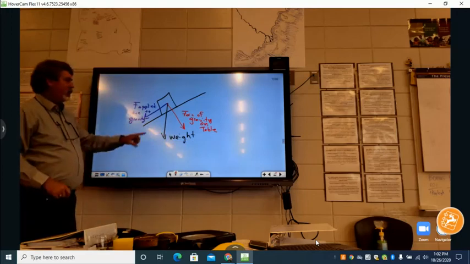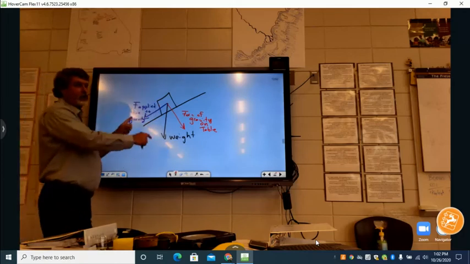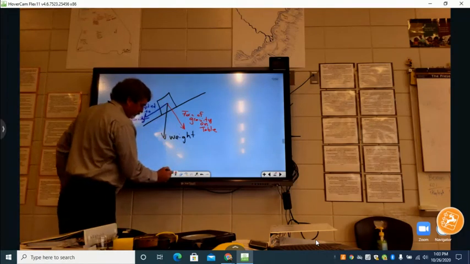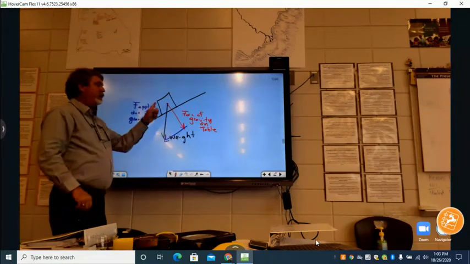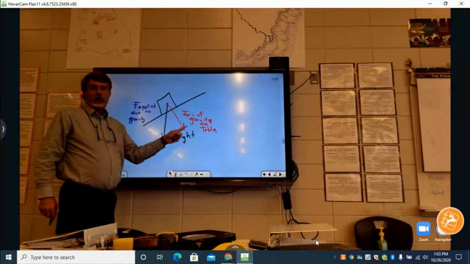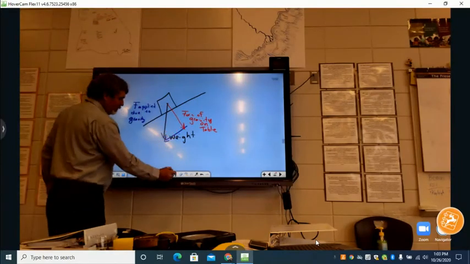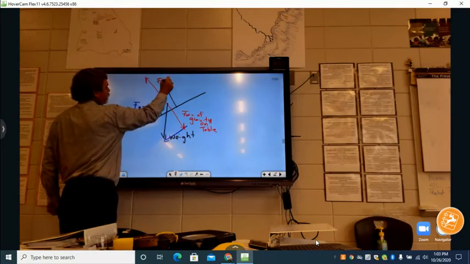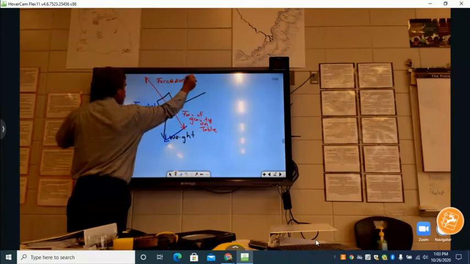Yes? Gravity, the resultant, has 2 parts. Some parts of gravity pull it down. Some parts of gravity pull it into the table. See the red vector? The red vector becomes what we know as force normal. Okay?